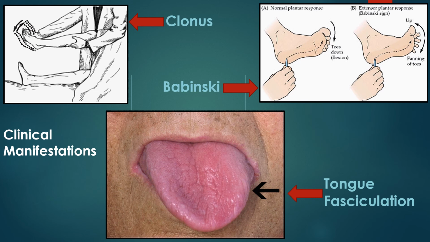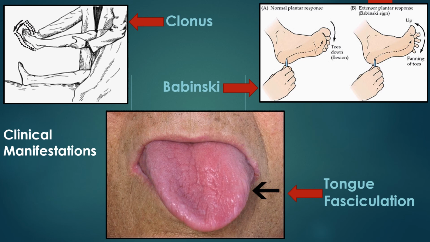Clinical manifestations will be evident as you assess your patients. Your patient may demonstrate any or all of the following: variable hyperreflexia, which is overactive or over-responsive reflexes; clonus, which is a spasmodic contraction and partial relaxation of a muscle.